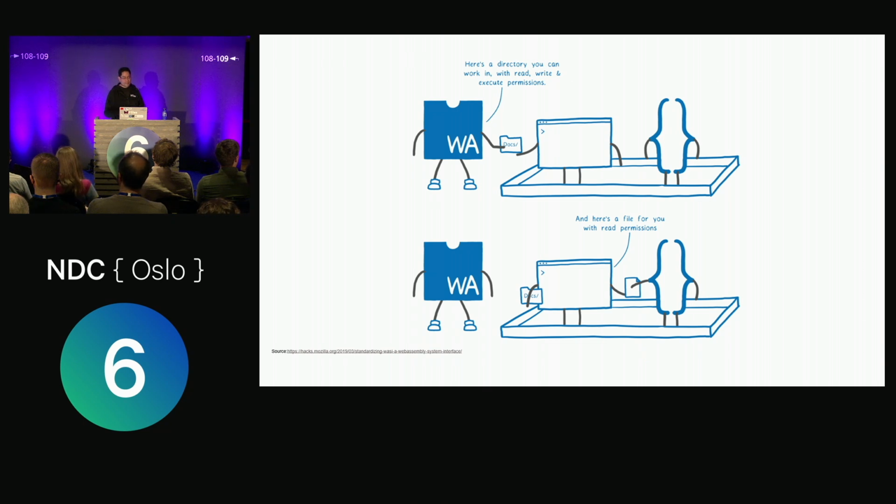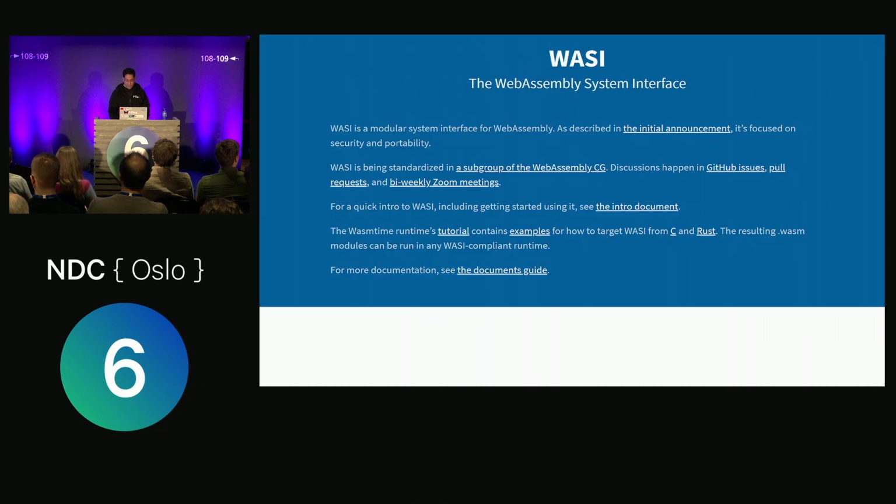And if it is, it will just marshal that call further down the stack into the operating system. So this is a way that we can use WASI in order to access our file operations, for example. And you can find more information on the WASI homepage.